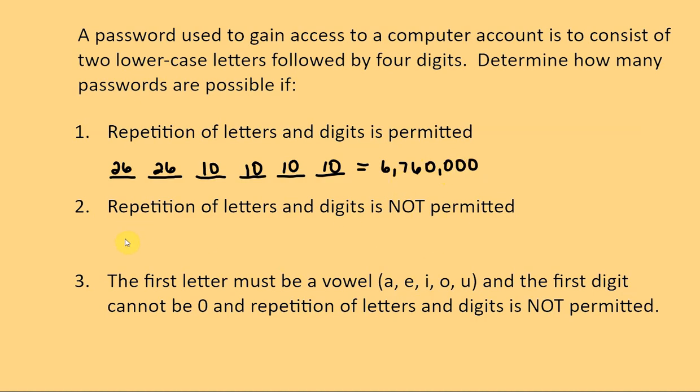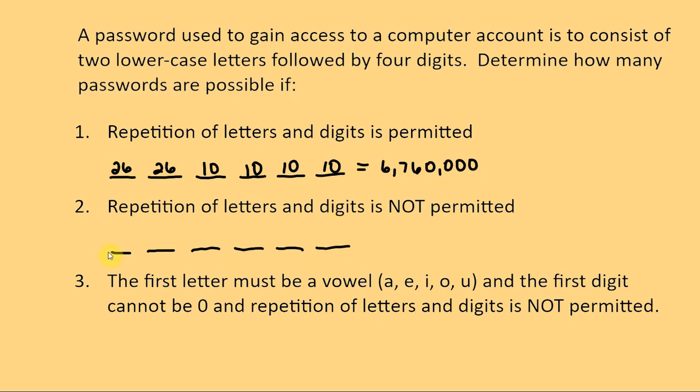For example number 2, we still are going to have the same number of positions, so 2 letters followed by 4 digits. But this time it says repetition of letters and digits is not permitted.